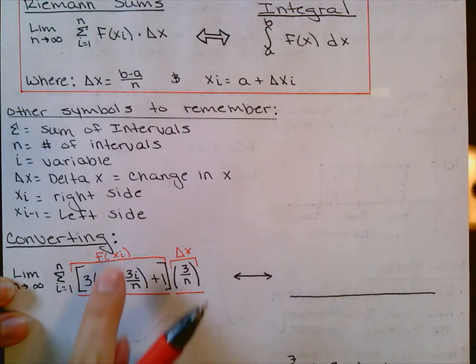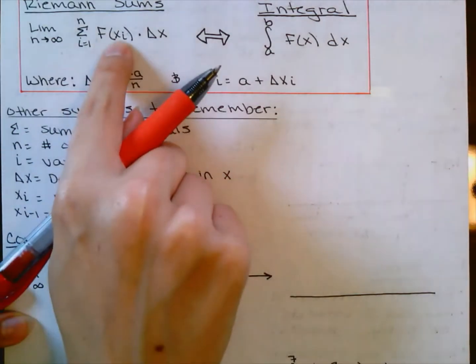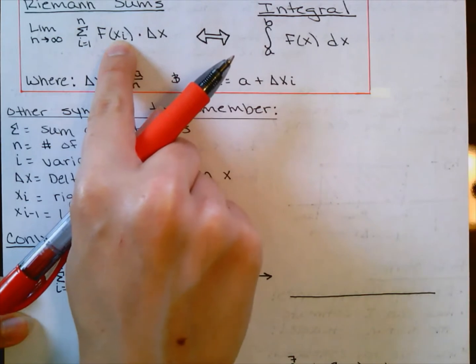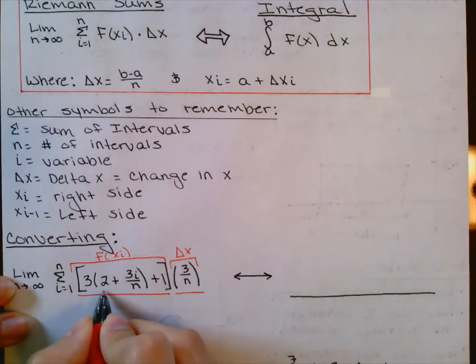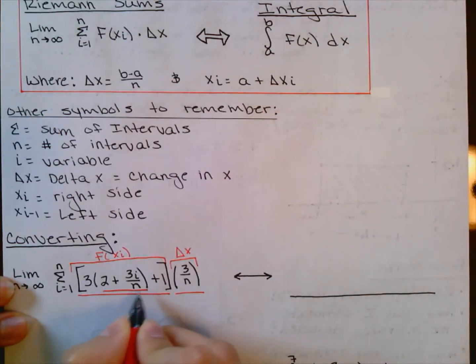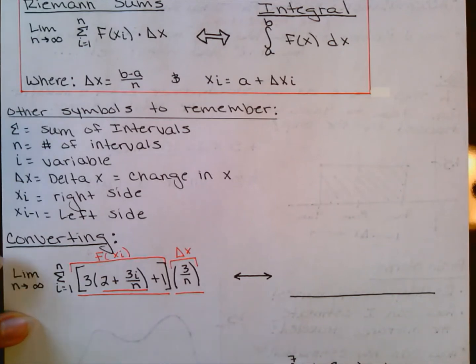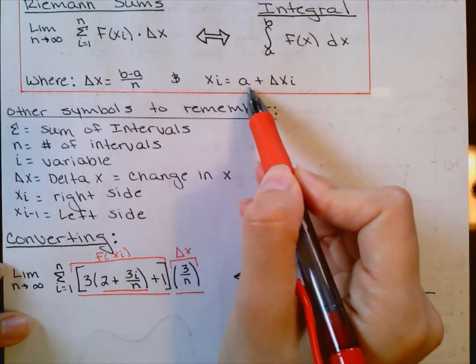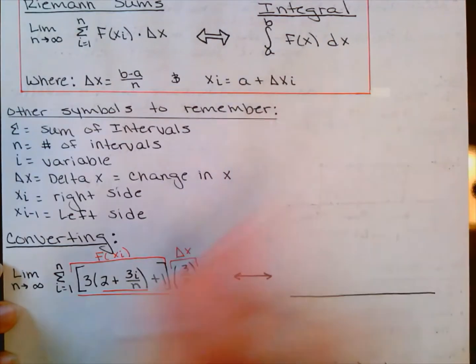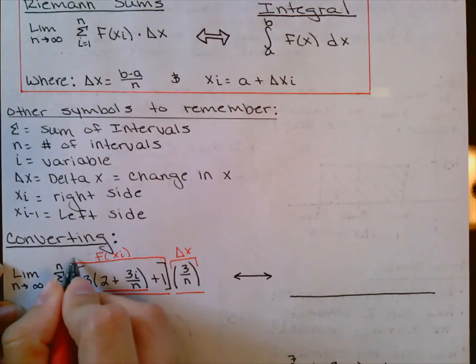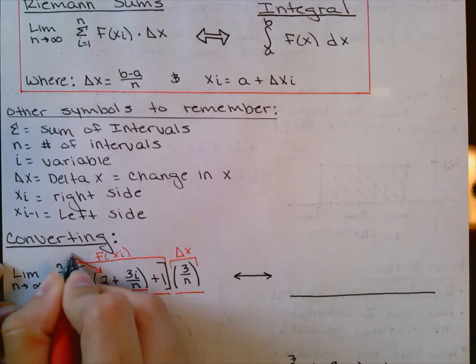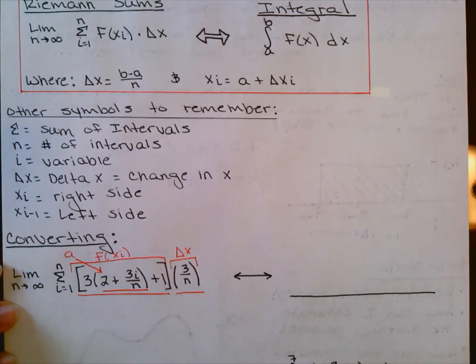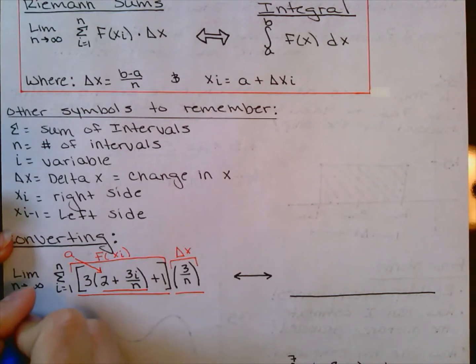Okay? Meaning that whatever is inside the function in parentheses is my x sub i, which means this is my x sub i. Okay? So now, from my x sub i I know that the first number is my a. So I know that that guy right there is my a. So far, I know that a is 2.